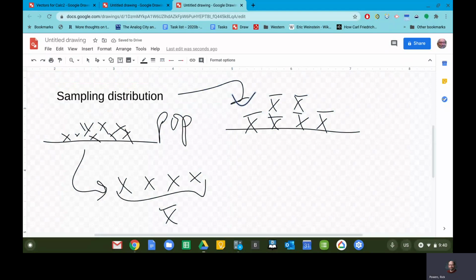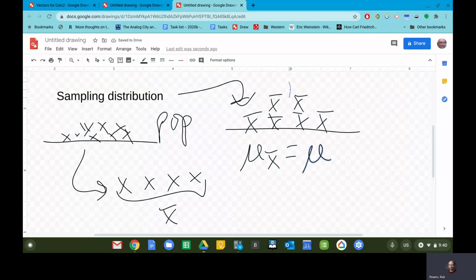So the sampling distribution is similar to the population because it's numbers that are changing, they're different. But there's a specific situation here, and it's explained in the textbook and in the video, that the mean of these samples is going to be the same as the mean of the overall population.